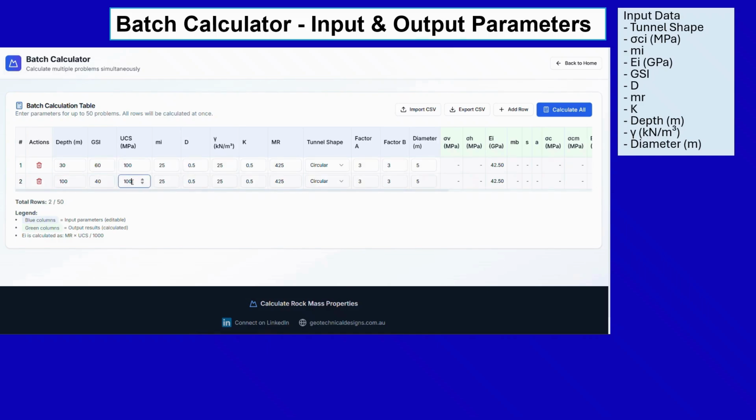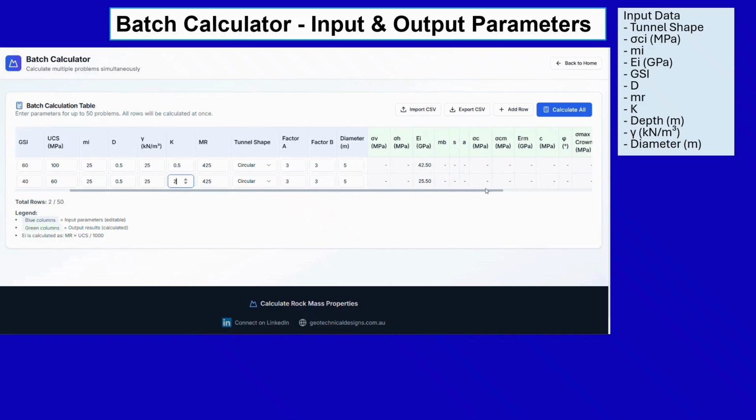I've reduced the GSI value and UCS value to make the rock quality around the tunnel very poor, and increased the K value to 2.